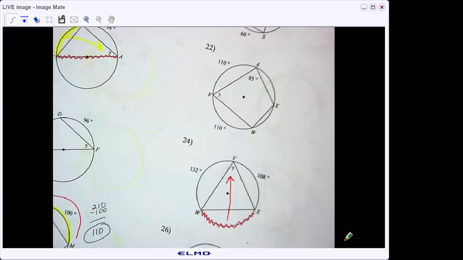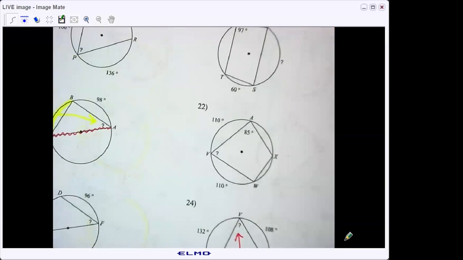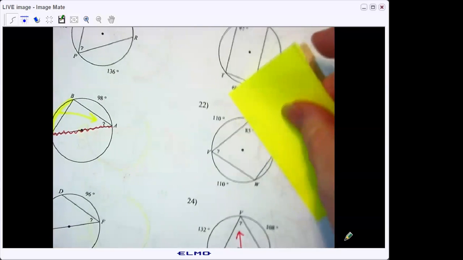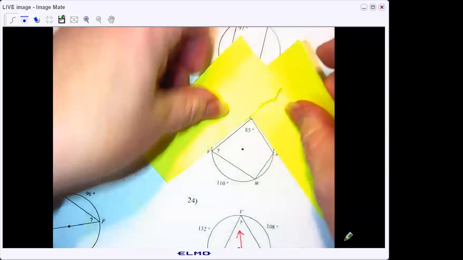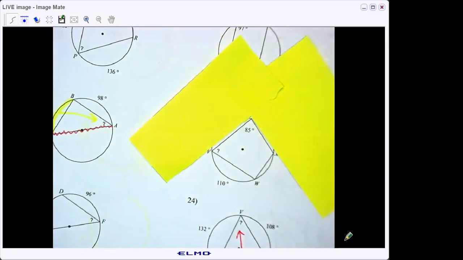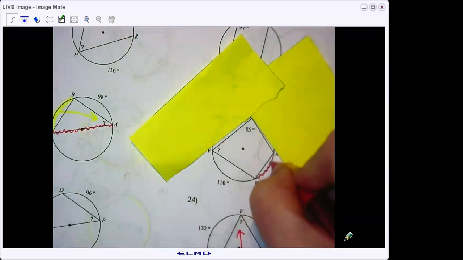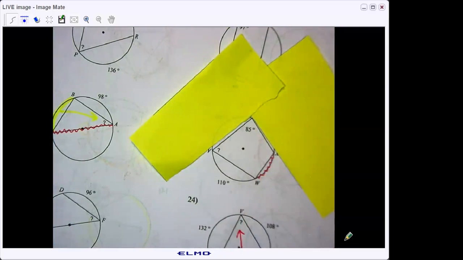So on number 22, we have to start with what we've been given. And this is challenging for some students, I get that. So forget the question mark for now. I want to know, what is the value of WX? So I've got to find this whole thing.